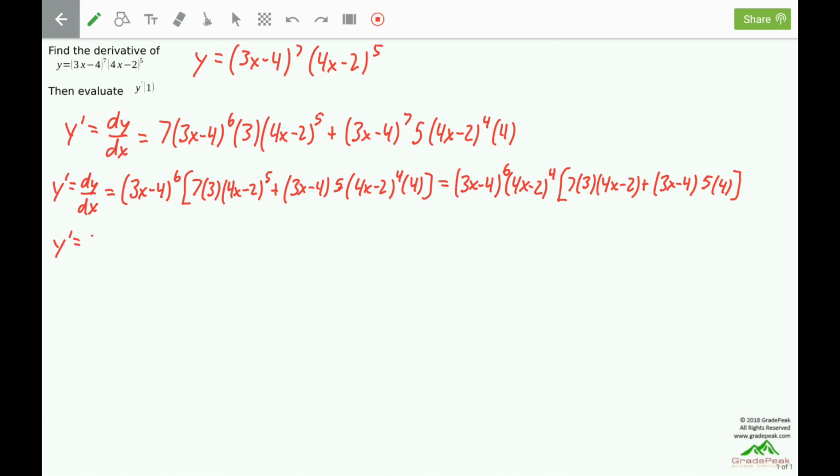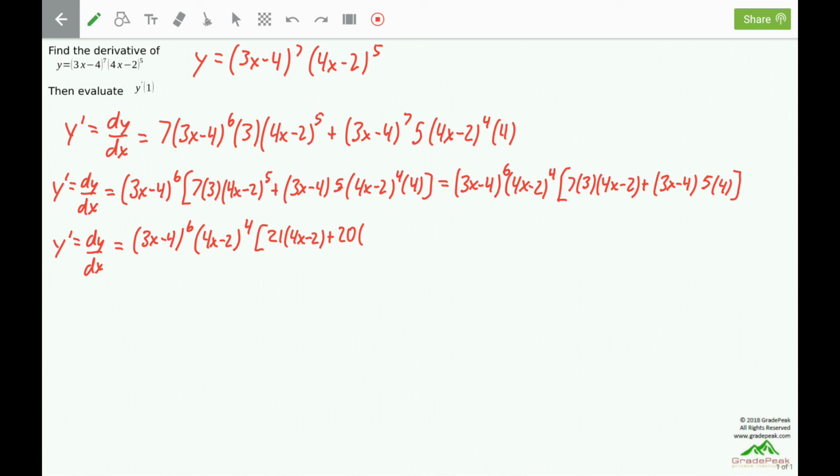So now y prime, or dy dx, is (3x minus 4) to the 6th times (4x minus 2) to the 4th times, that will distribute the 7 times the 3, which is 21, into the 4x minus 2, and then the 5 times 4, which is a 20.